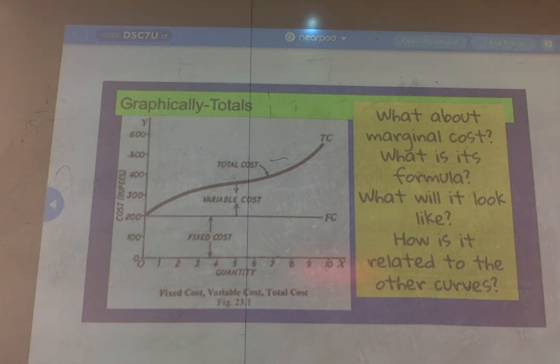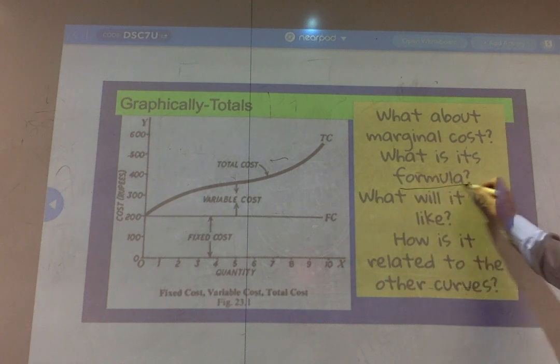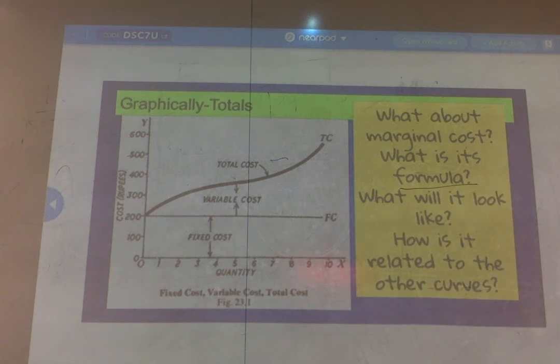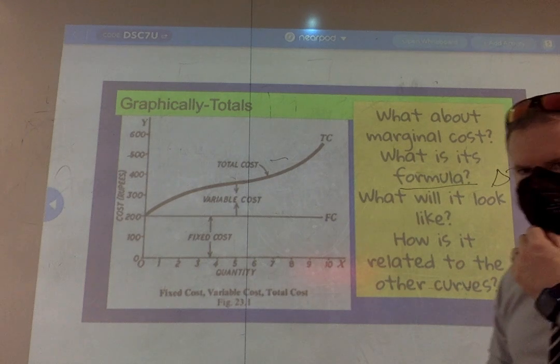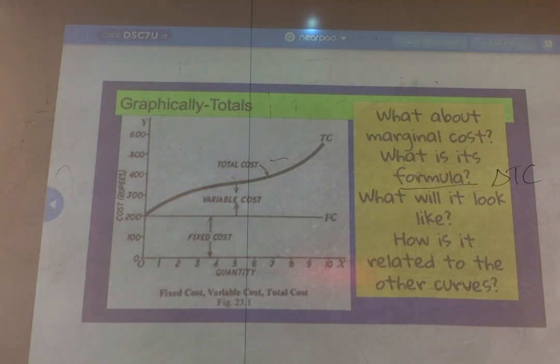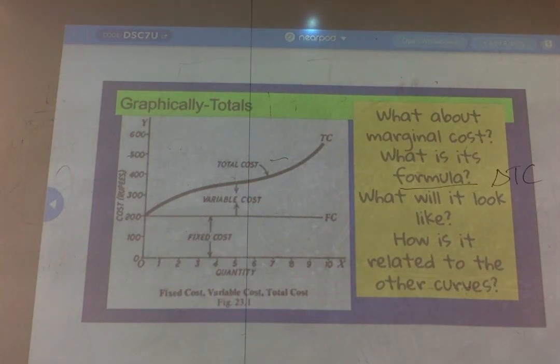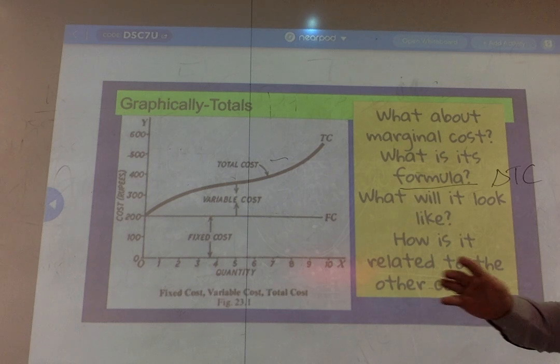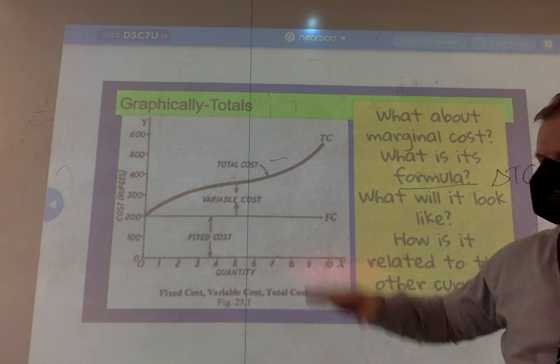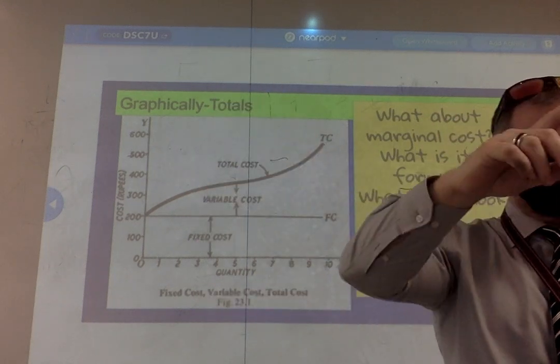Right, the totals. Marginal cost, that was the only one that we didn't include. What is the formula for marginal cost? Total cost. So what's it going to look like? Quite literally, the marginal cost curve is going to look like the average total cost curve, but it is going to have a much longer tail.